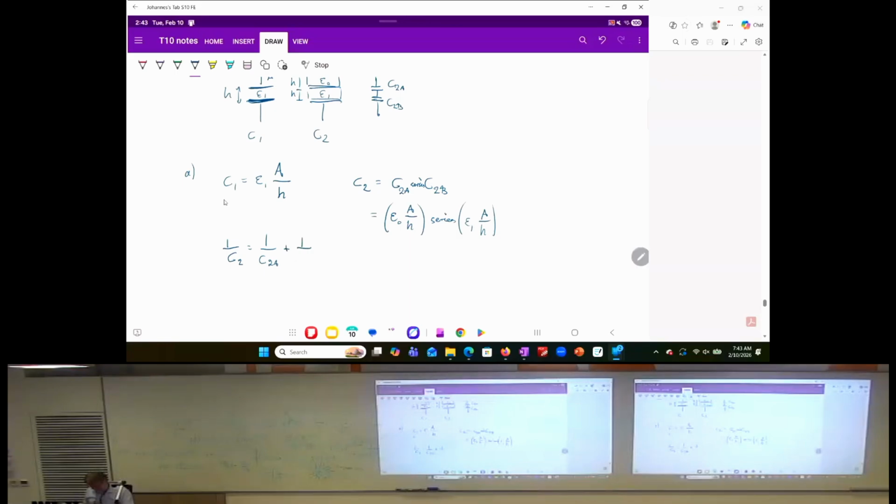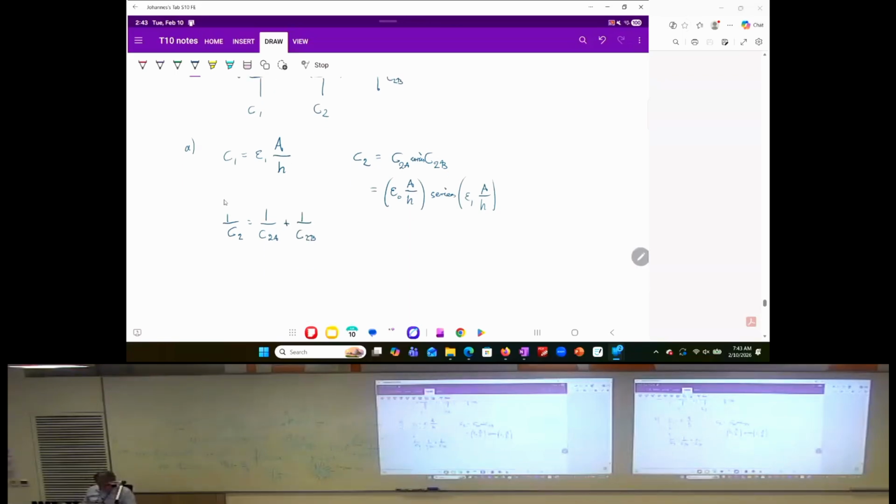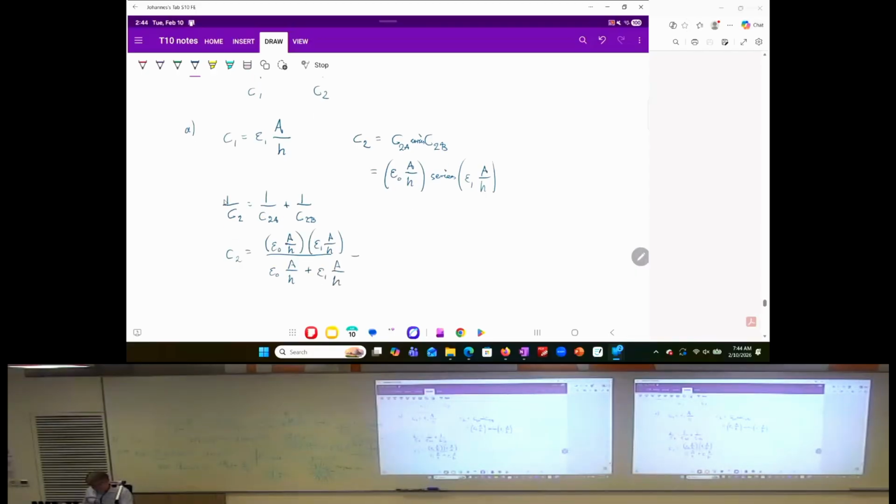So your C2 becomes, we can write that as A over H times epsilon 0 epsilon 1 over epsilon 0 plus epsilon 1. So this is a series connection of the two layers that form our capacitor C2.